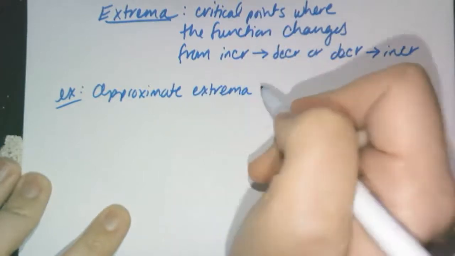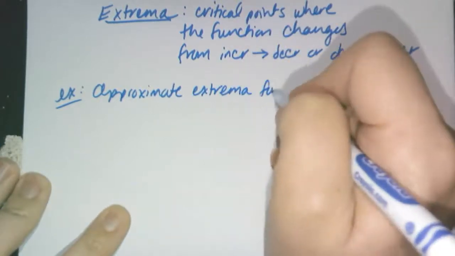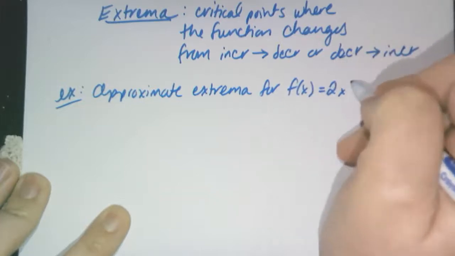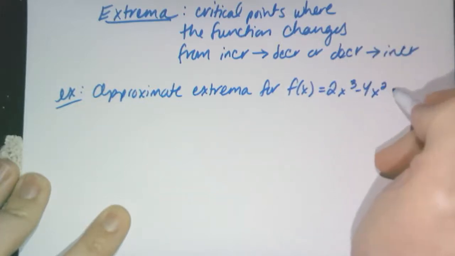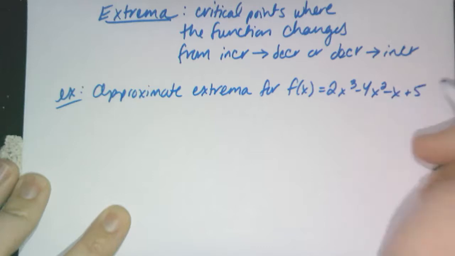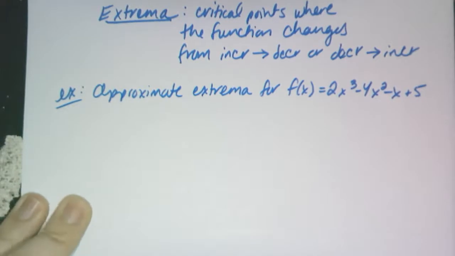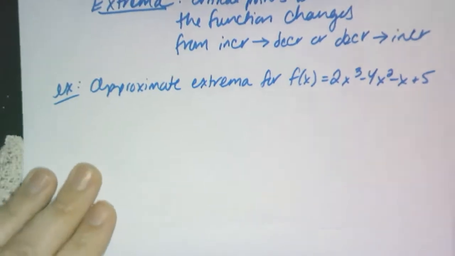Approximate the extrema for the function f of x equals 2x cubed minus 4x squared minus x plus 5. Put that in your calculator, please.